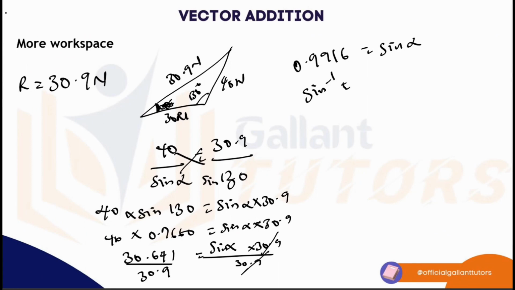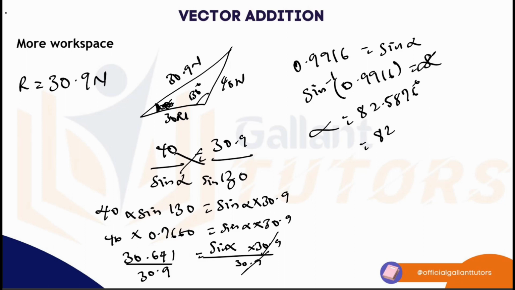And if you use the sine inverse of 0.9916, you're going to get 82.5876 degree, which is approximately 82.6 degree. Is that clear?